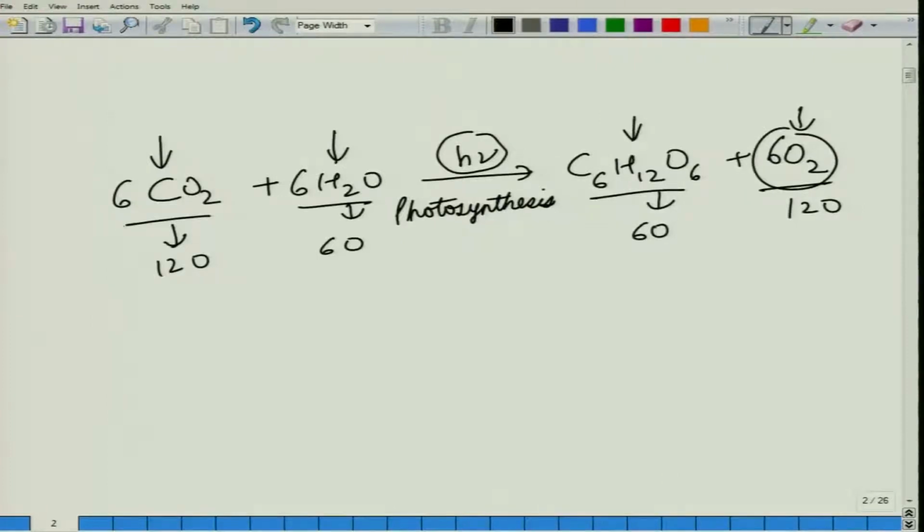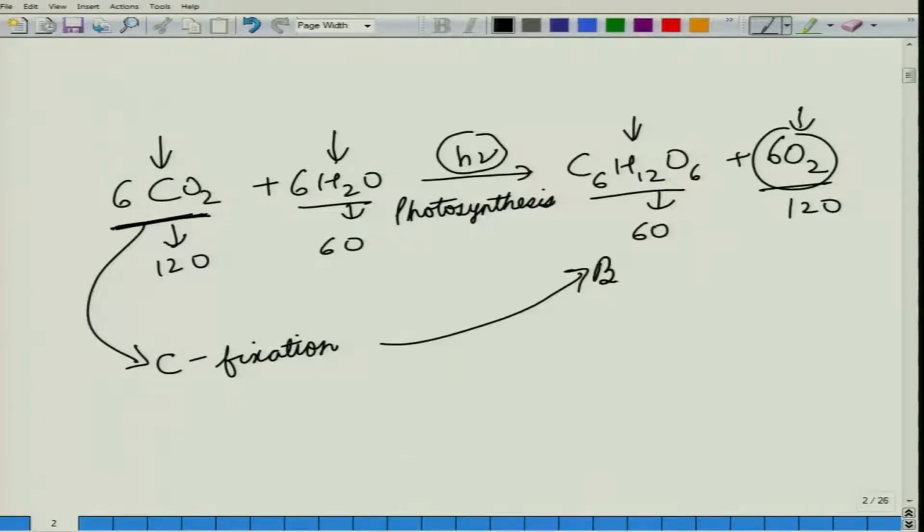Now, taking this carbon dioxide is also important in the case of carbon fixation. Carbon fixation is the process in which this carbon dioxide from the atmosphere is fixed into biomass. So, for instance, this sugar is a biomass. It might later be polymerized or maybe converted into other biomass.